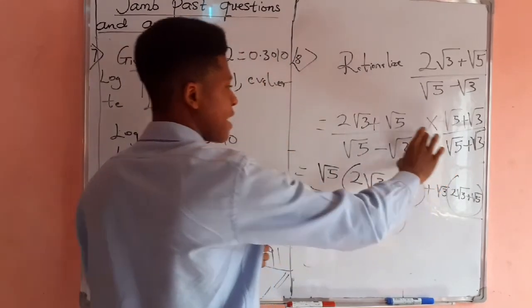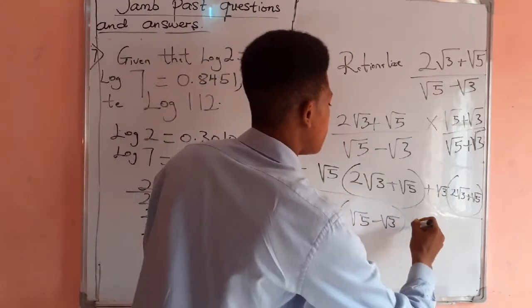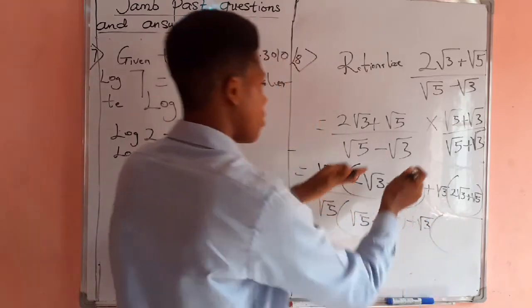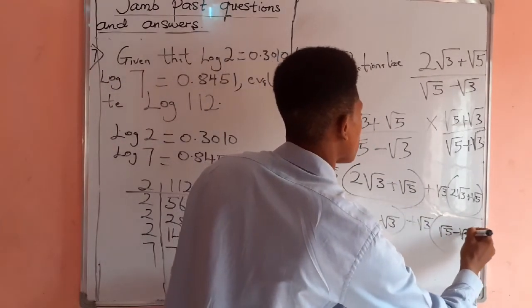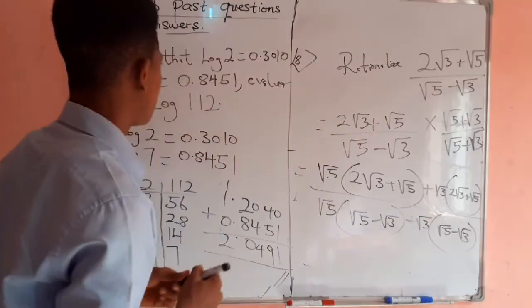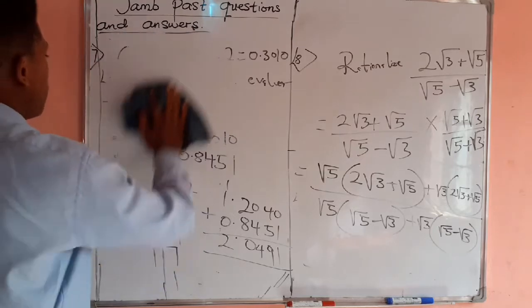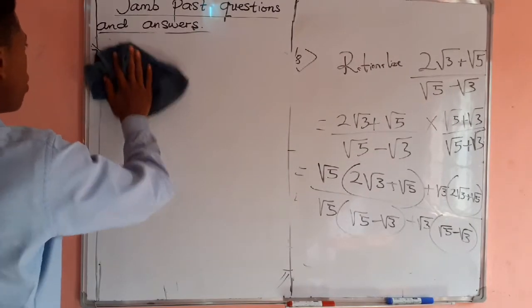This now multiplies everything here: plus root 3, and you open a bracket, root 5 minus root 3. I hope you guys are learning.